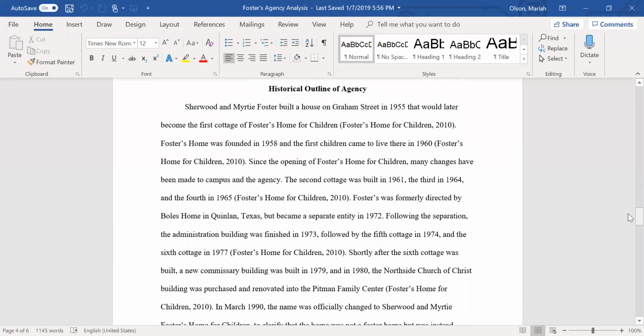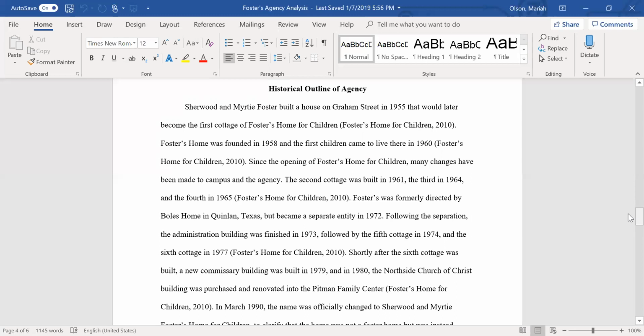Next, we have the historical outline. For this section, I would go all the way back to whenever your agency was opened and basically do a timeline. You have a little bit of history in the beginning with when it was opened and why. Just go back to that and go into more detail: when it was opened, why it was opened, where it was opened, if they've changed locations, if they've made changes to the actual infrastructure, if they've opened new buildings, if they had donations from certain areas.